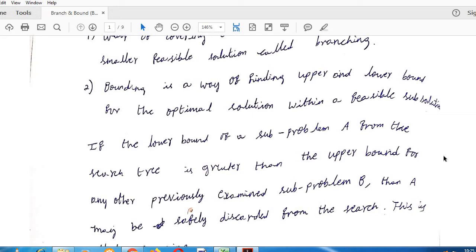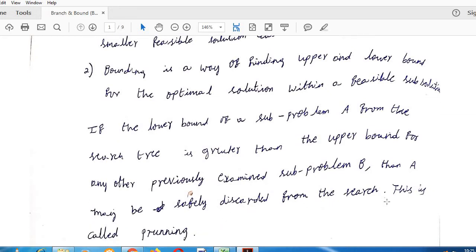In pruning, if the lower bound of a subproblem A from the search tree is greater than the upper bound for any other previously examined subproblem B, then A may be safely discarded from the search. This is called pruning. There will be two subproblems, subproblem A and subproblem B. Let us consider I am solving the traveling salesman problem.